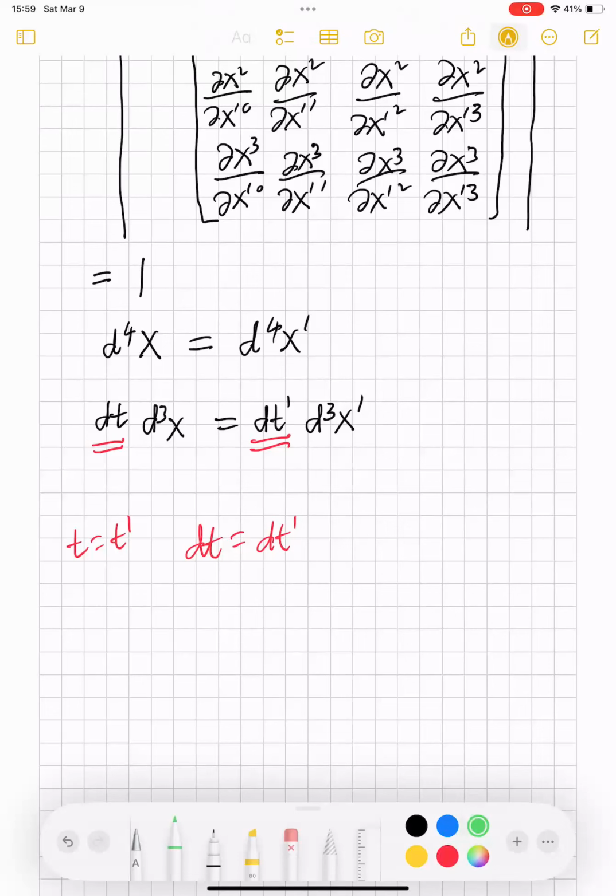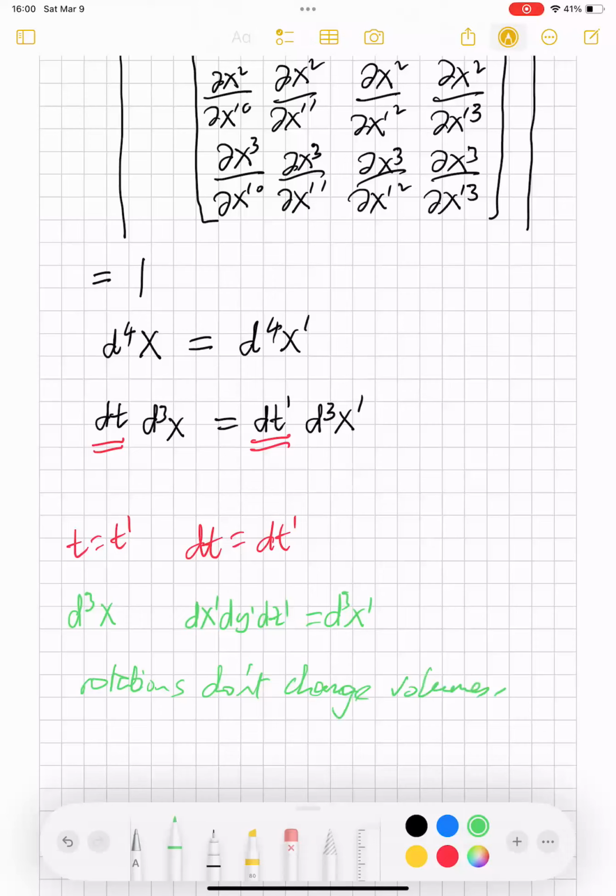What about the rest? Well, d3x is the volume of a little box of sides dx, dy, dz. And you would rotate that so that the sides of the box now were dx prime, dy prime, dz prime, or d3x prime. But you know that rotations don't change volumes. Think about a box.